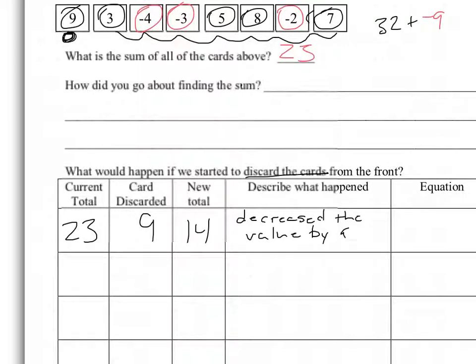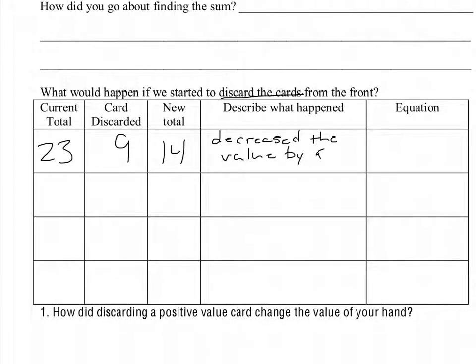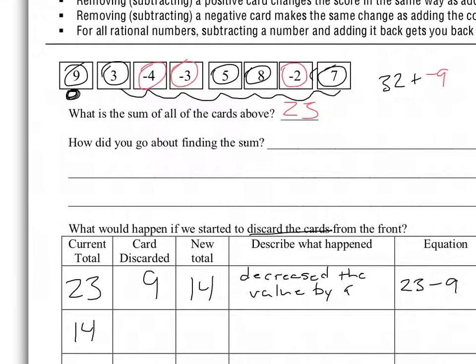And again, we can think about that as we took away 9. And writing that as an equation, you could write that down as 23 minus 9. Alright, so our current total is now 14 because we have gotten rid of this card.